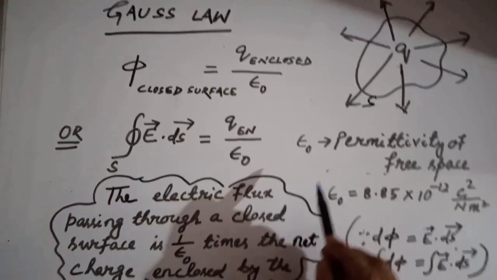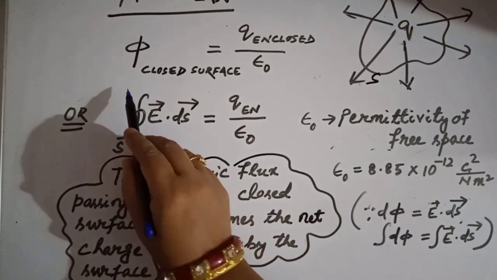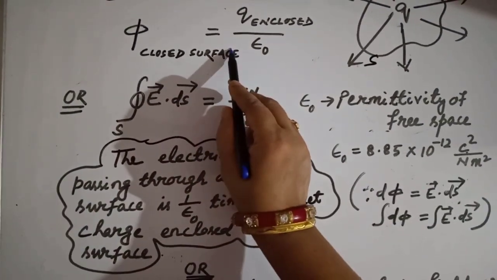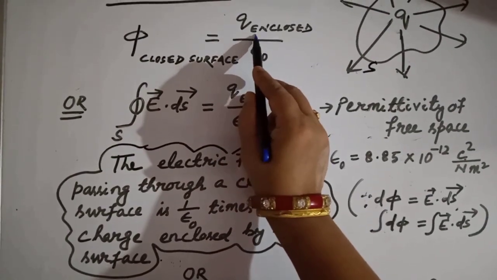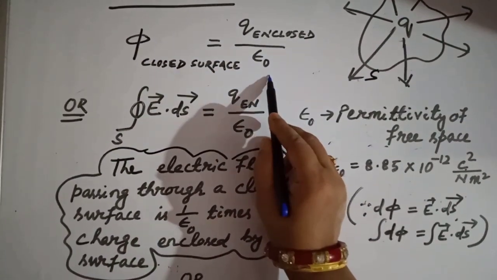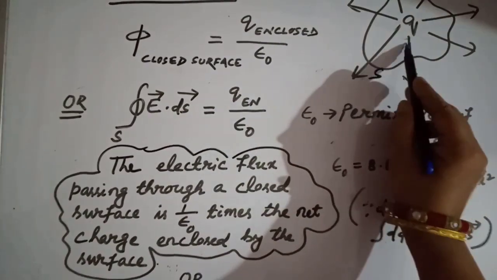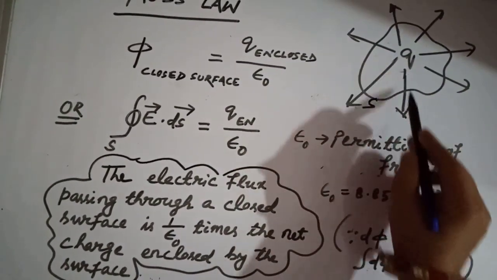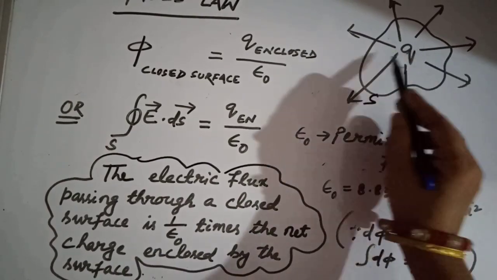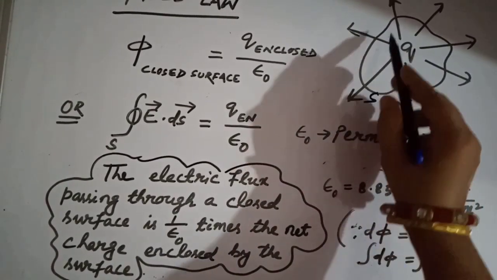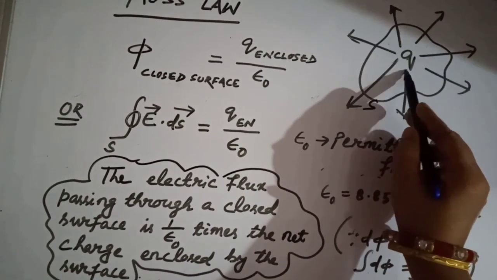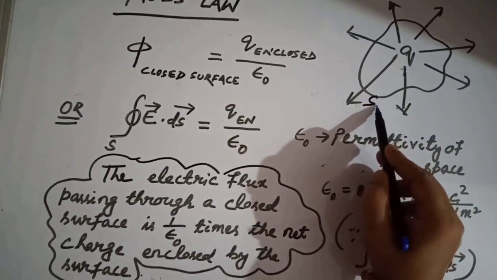According to Gauss law, the electric flux passing through a closed surface is equal to the total charge enclosed by the surface divided by epsilon naught. Q charge is enclosed by this surface. The electric field lines are outwards. Now total flux linked with this surface is equal to Q divided by epsilon naught.